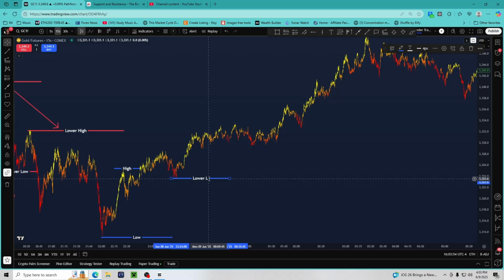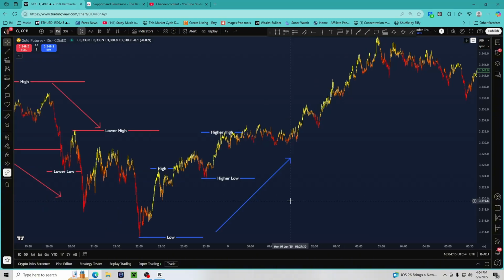Why? It's higher than the previous low. And then the market makes a higher high. When this happens, you are in an uptrend or a bullish trend to the upside.